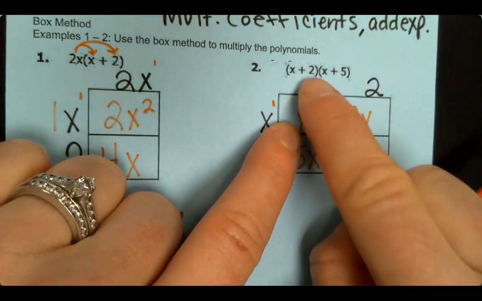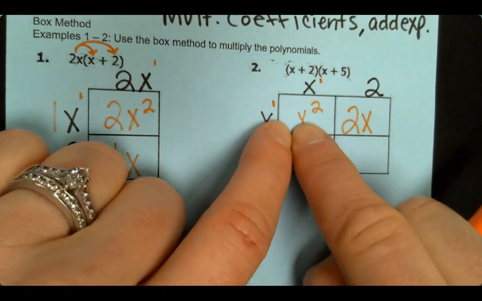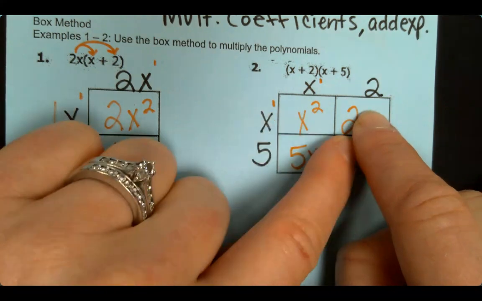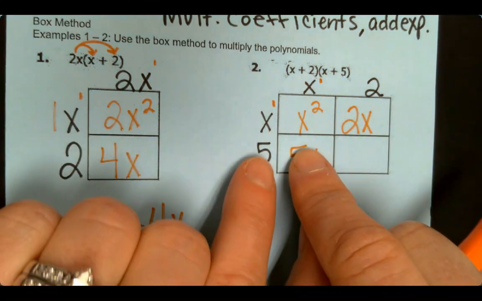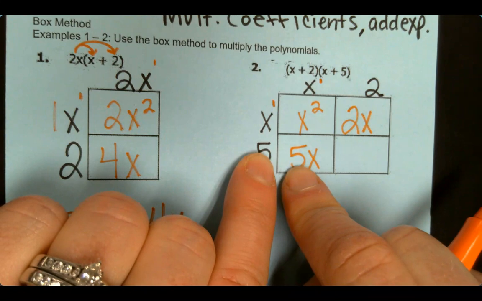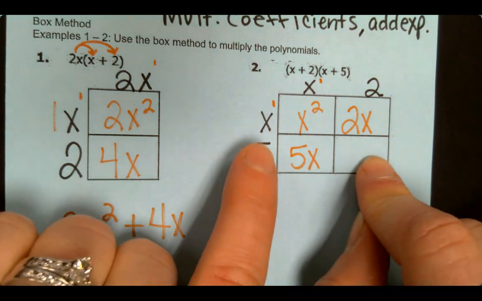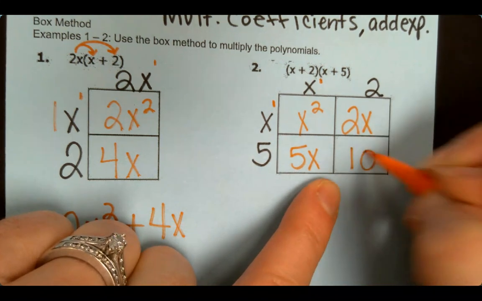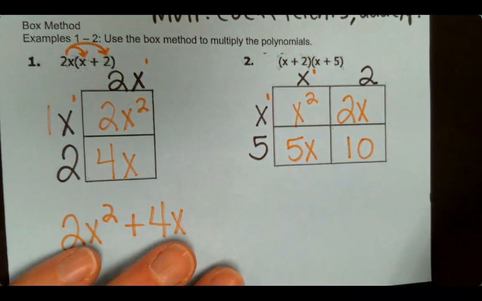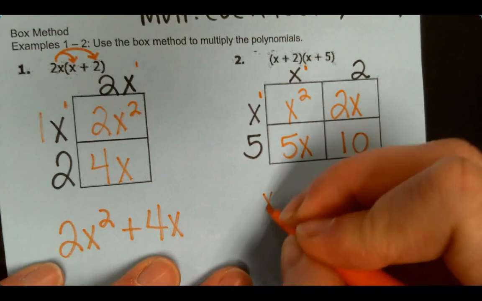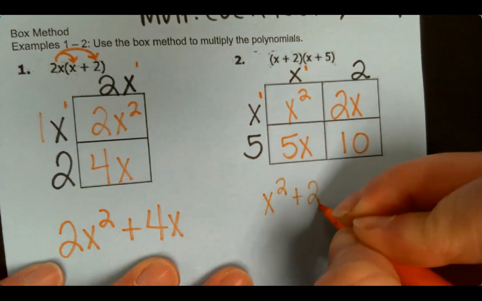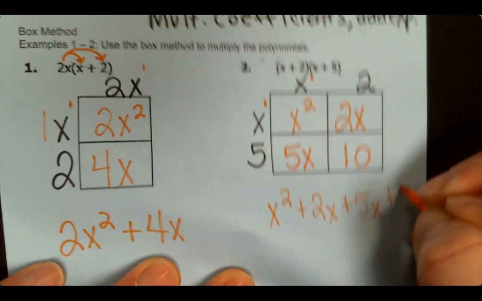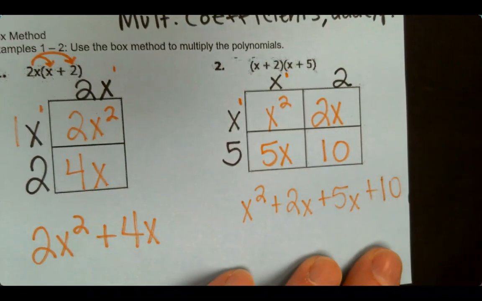To make this spot, you would multiply x times x to get x squared. To get this spot, it'd be 2 times x, 2x. To get this spot, 5 times x. So to get the last spot, you would do a 5 times 2, which is 10. So our answer is x squared plus 2x plus 5x plus 10.